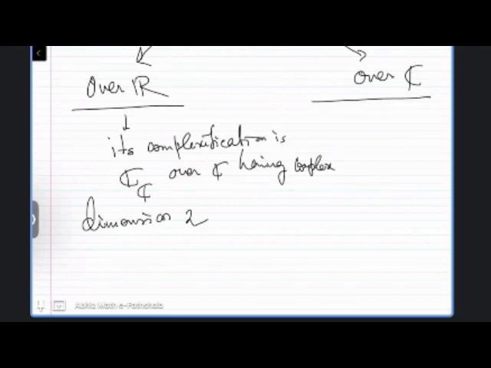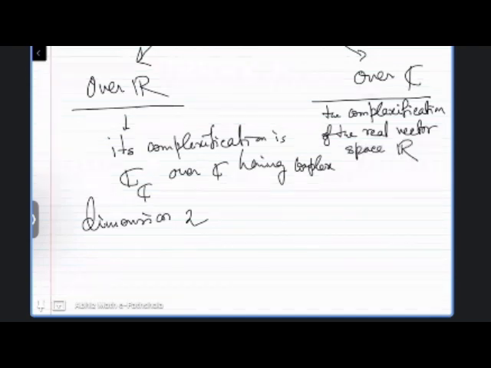In that case, C is actually the complexification of the real vector space R, having real dimension 1. Okay?